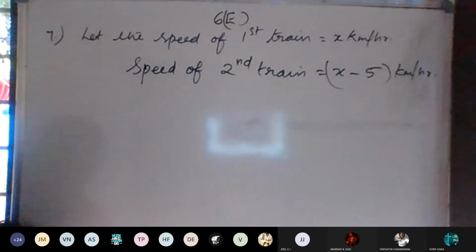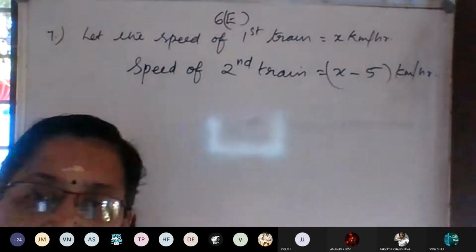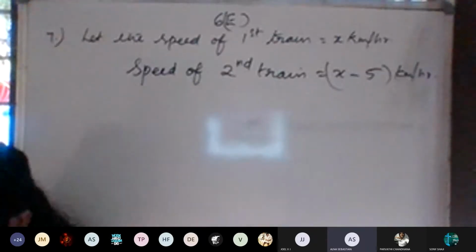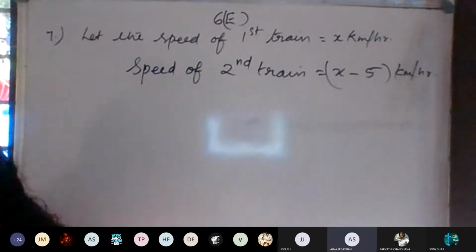Find the speed of each train. The difference between the distances of those trains is 50.